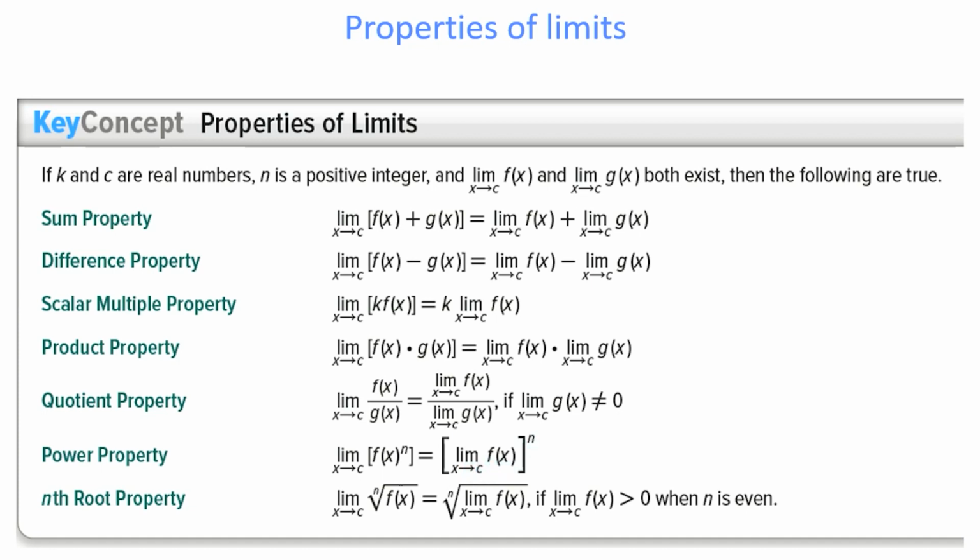And the nth root property means that the limit of the nth root of a function is equal to the nth root of the limit of the function. Of course, it is only true if the limit of the function is greater than 0 when n is even. I hope that you also noticed that x approaches the same value on both sides of the properties.